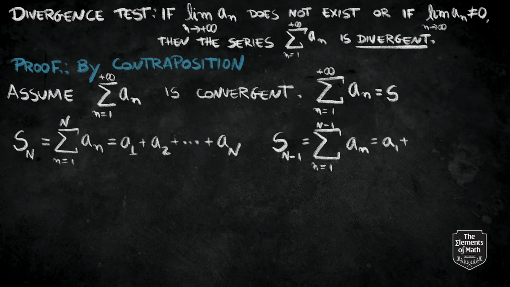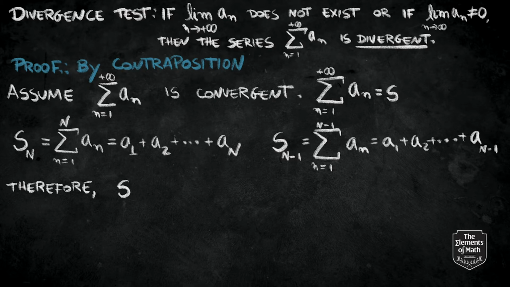So S_{n-1} means I'm adding the first n minus 1 terms. If I subtract both, it's clear we're going to have only a_n, because before I had the first n terms, and the second one I have the first n minus 1 terms. So I'm going to have the last term.